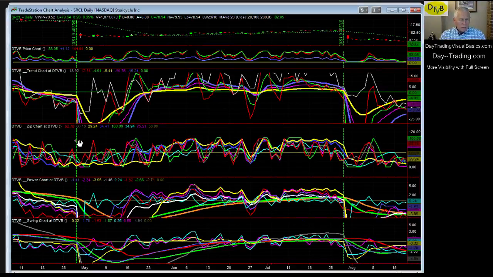And that was the green line. So there are different ways to look at gaps down and gaps up.